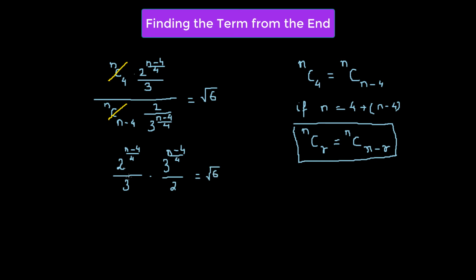Then we combine the 2 in the numerator and denominator, so we'll have 2 raised to the power of (n minus 4) over 4 minus 1. We simply subtract the exponents, times 3 raised to the power of (n minus 4) divided by 4 minus 1, which is equal to square root of 6.